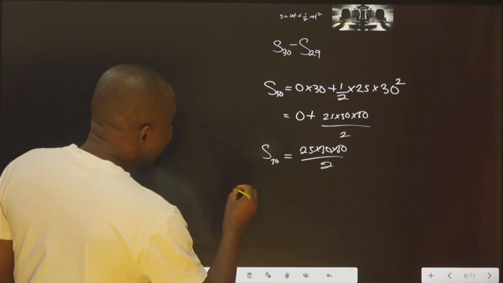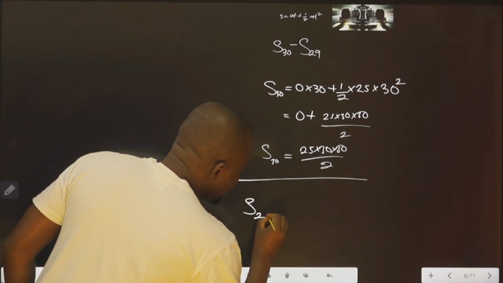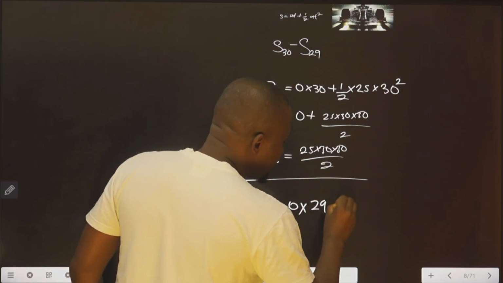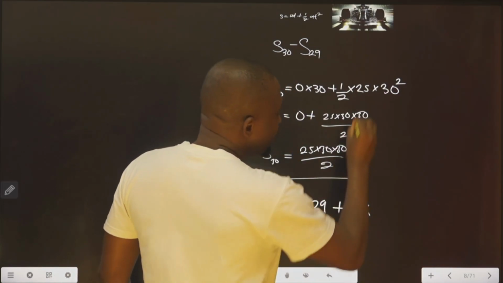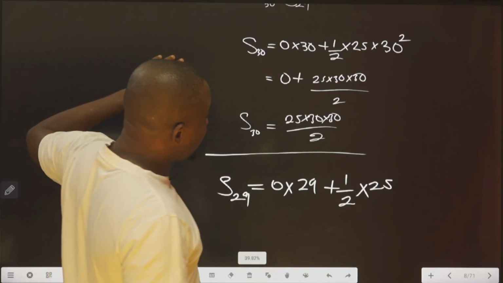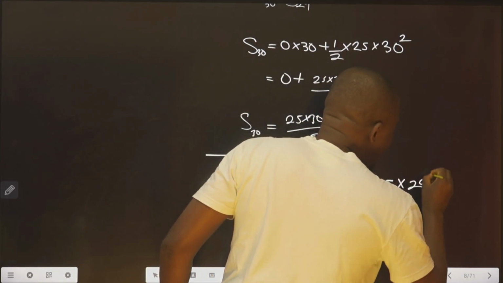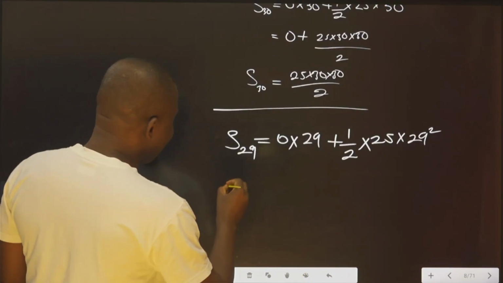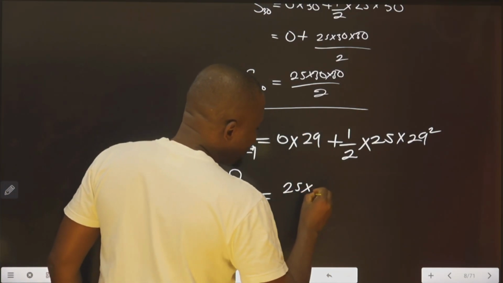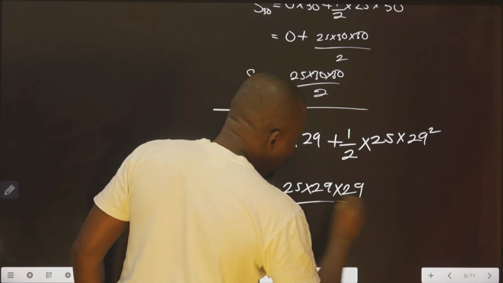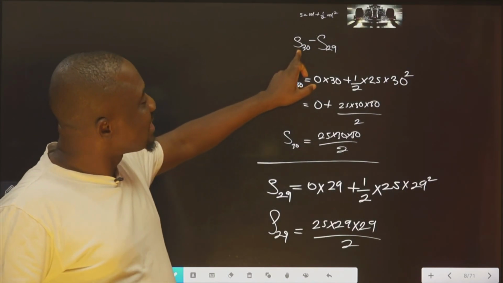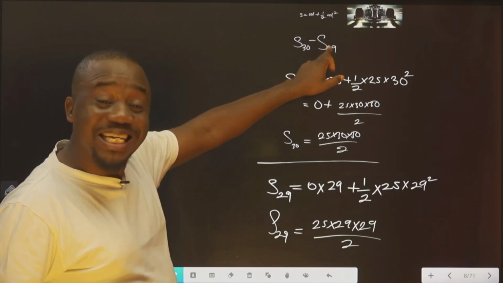I will go again for that of 29, which is 0 multiplied by 29 plus 1 over 2 multiplied by 25, the acceleration, multiplied by 29 squared. At the end of the day, the distance at 29 is 25 multiplied by 29 multiplied by 29 over 2. Now, the final answer is the distance at 30 minus the distance at 29.